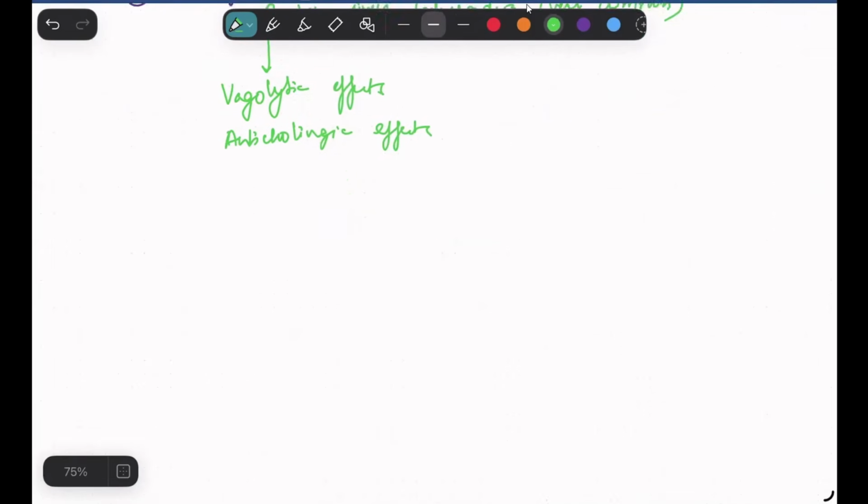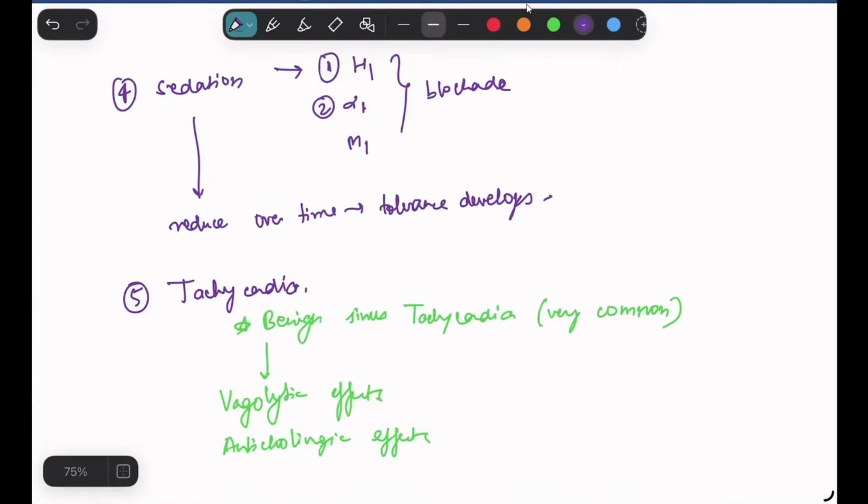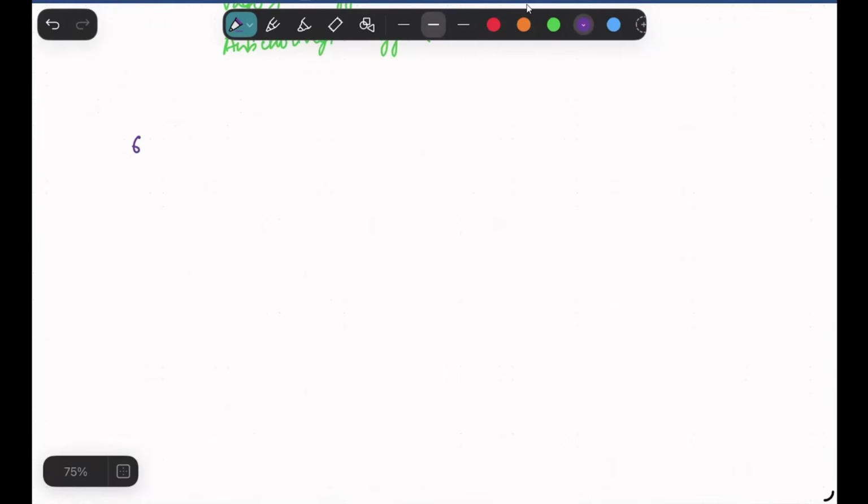It is very important to assess the clinical context when assessing tachycardia. Now, since I just told you about myocarditis, we will discuss it too. The sixth important thing is myocarditis and cardiomyopathy.